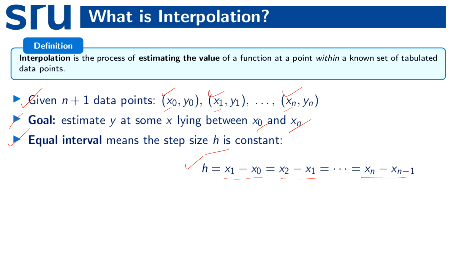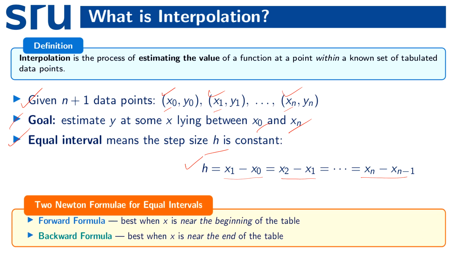It should be the same. So this tells us the spacing between all x values is the same and the data points are uniformly distributed. This condition is very important for applying certain interpolation formulae.